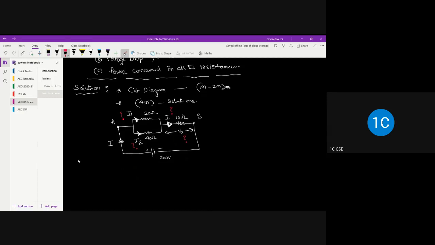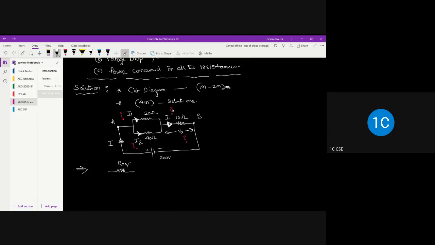Now let me take up the solution. Since it's a series-parallel combination, what I am thinking is to obtain an equivalent resistance.